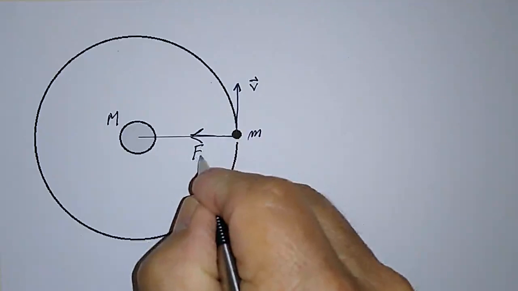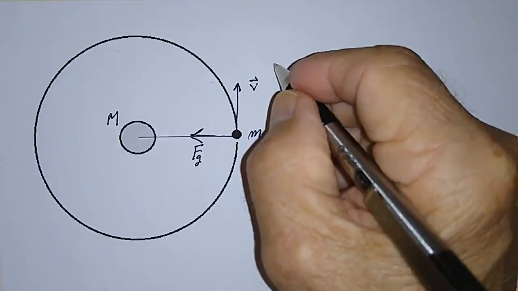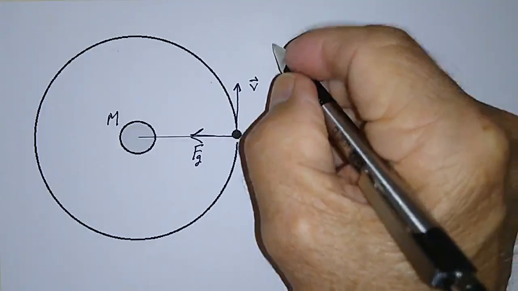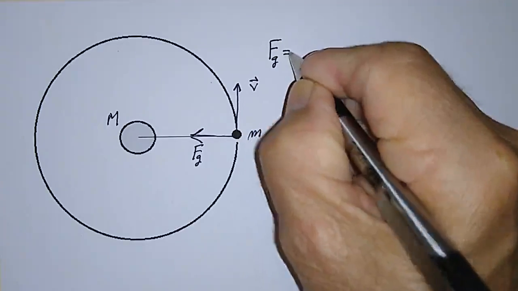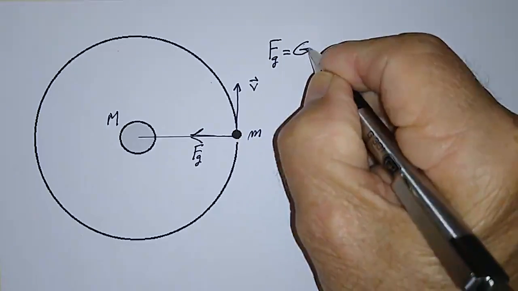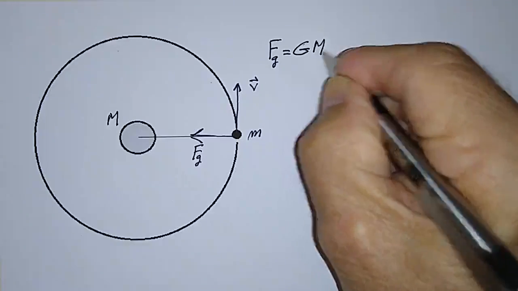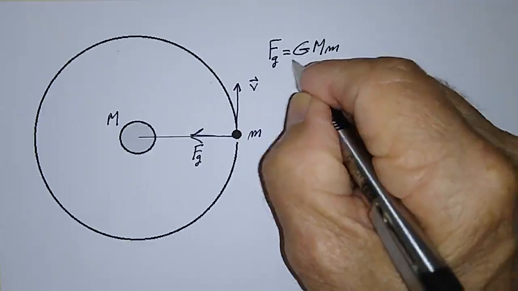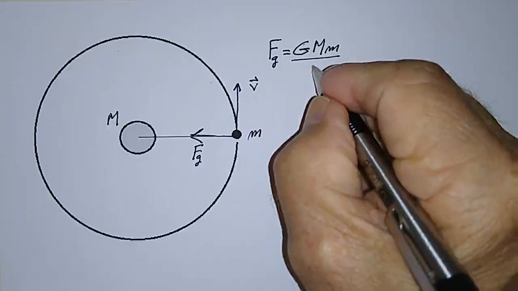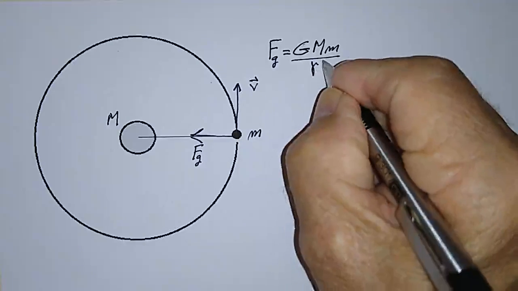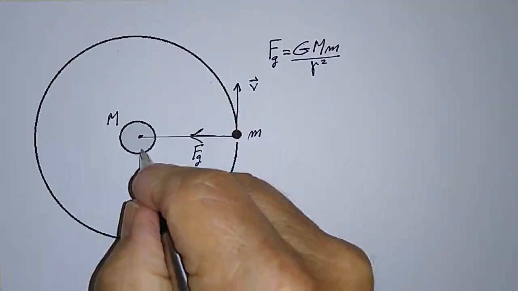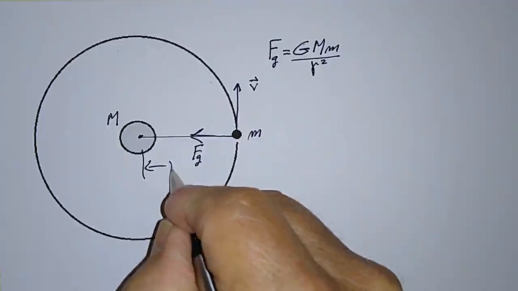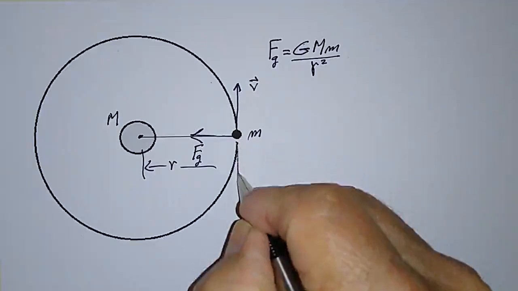This is the gravitational force, and it's given by Newton's law of universal gravitation, and the magnitude of it is just equal to the gravitational constant times big M times little m divided by the square of the distance between the centers of the two objects. In this case, we're going to call this distance here little r, like that.